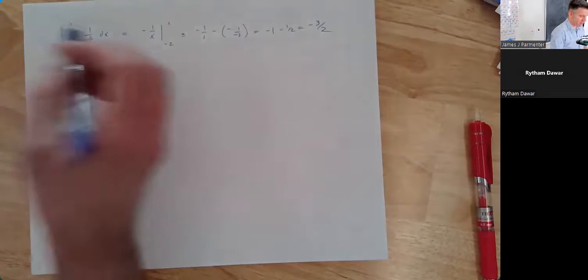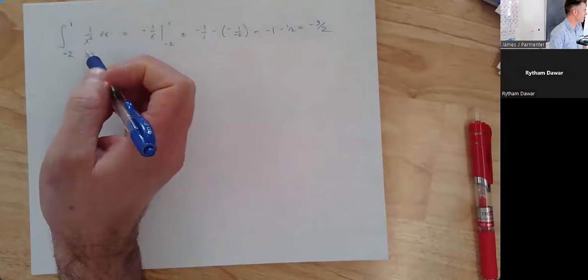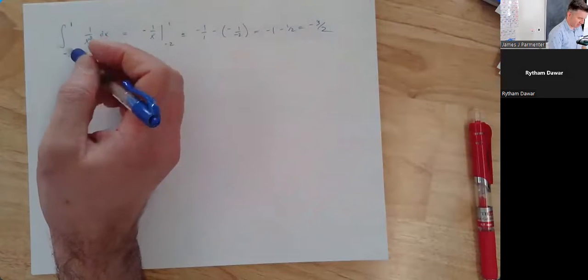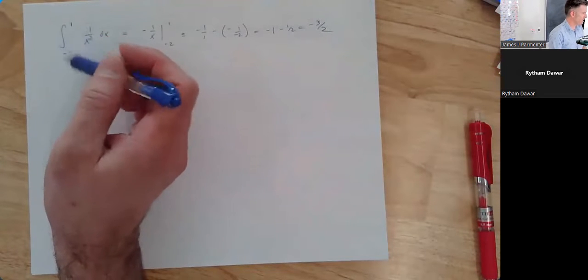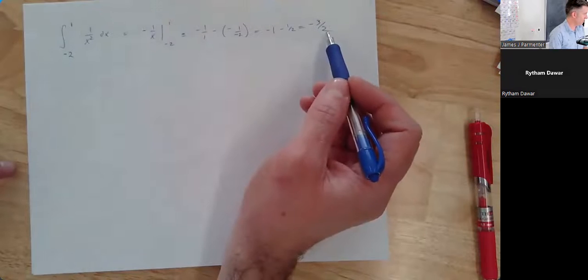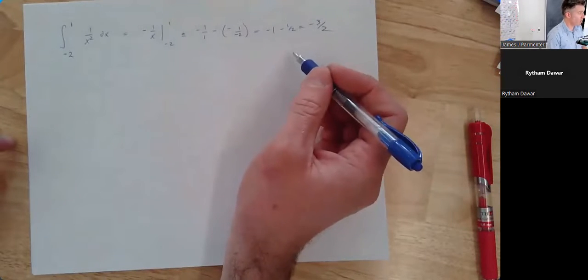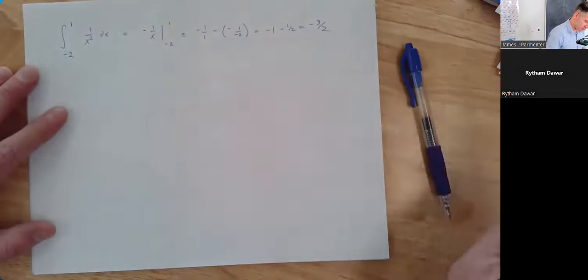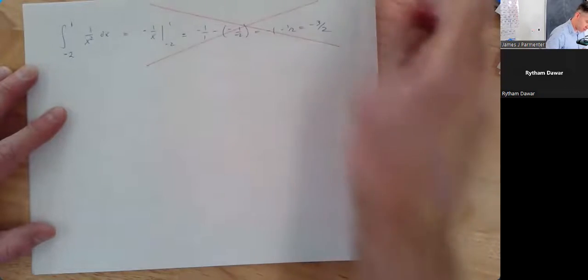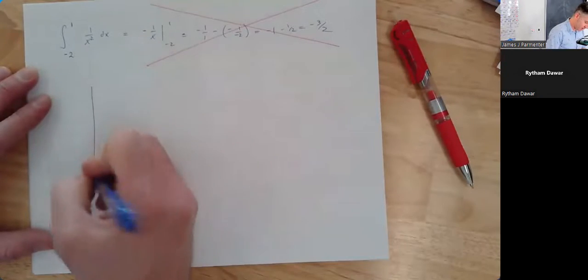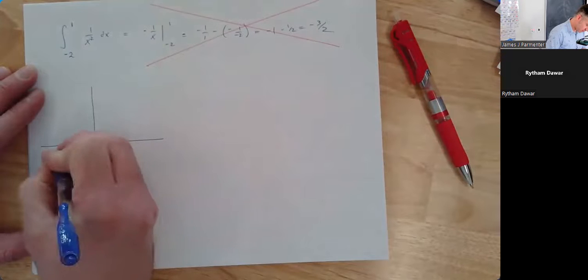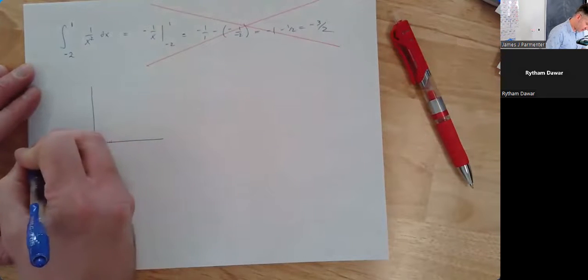Because if you think about it, 1 over x squared is a positive function all the time. So how am I integrating this function that's always above the x-axis and getting a negative number? Well, the answer is because I'm doing something wrong. If I draw this, I can see that this function kind of does this.